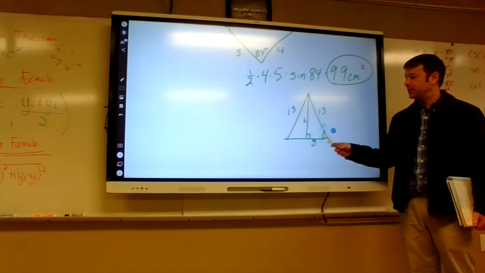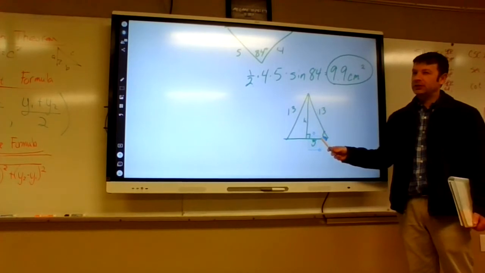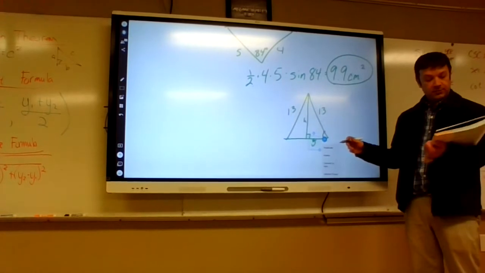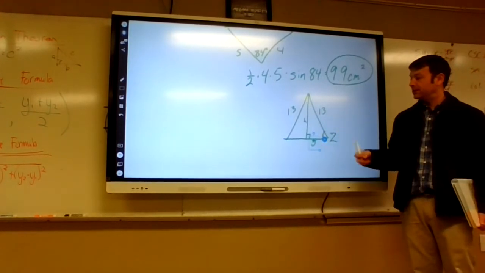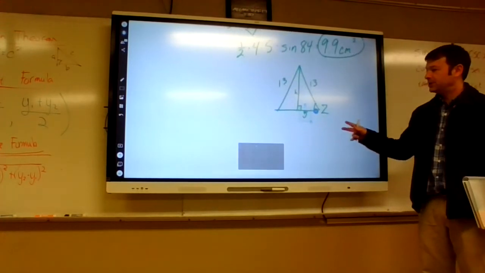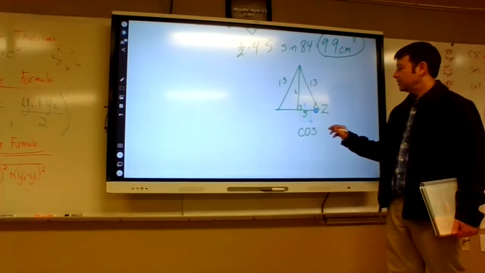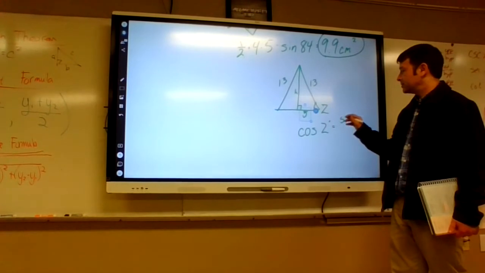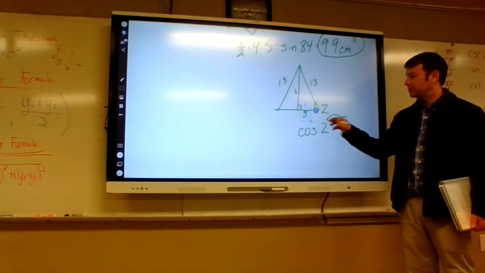Relative to this angle, what two sides do I know in this little right triangle? 5 and 13 are the what, relative to this angle? Adjacent and hypotenuse, so cosine of the angle equals adjacent over hypotenuse. How do we go backwards to find the angle? Cosine inverse.